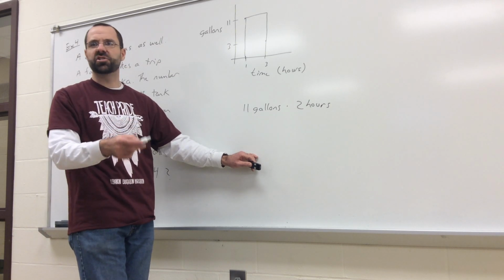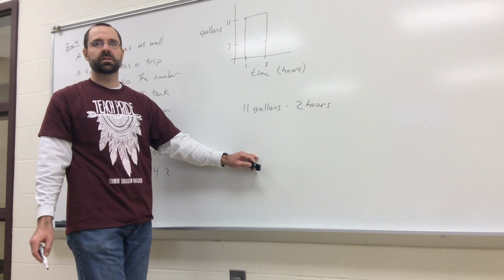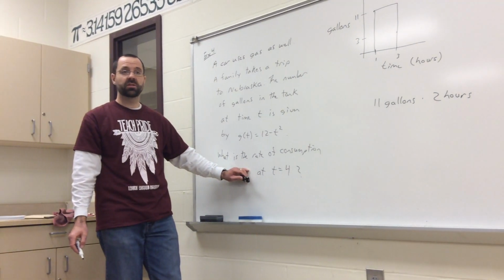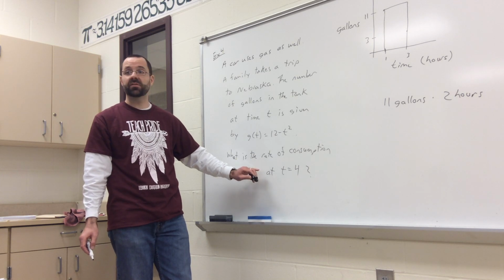If you take gallons times hours, you get gallon hours. That's not what we're looking for. We're looking for the rate. We're not looking for gallon hours. We're looking for the rate of consumption.